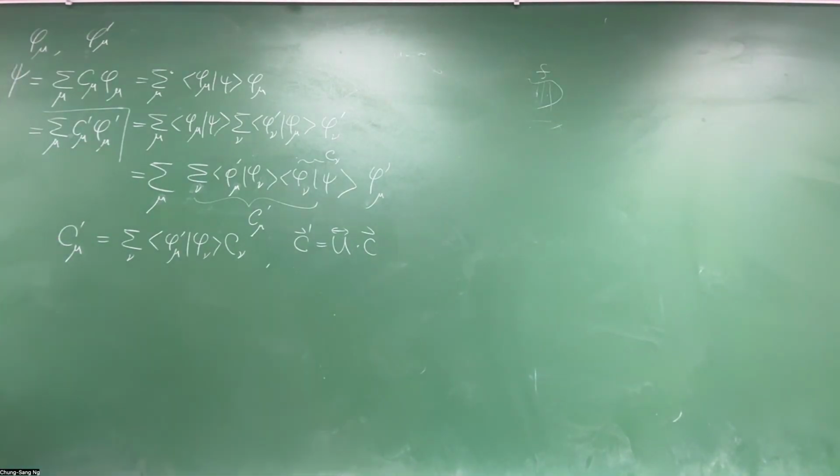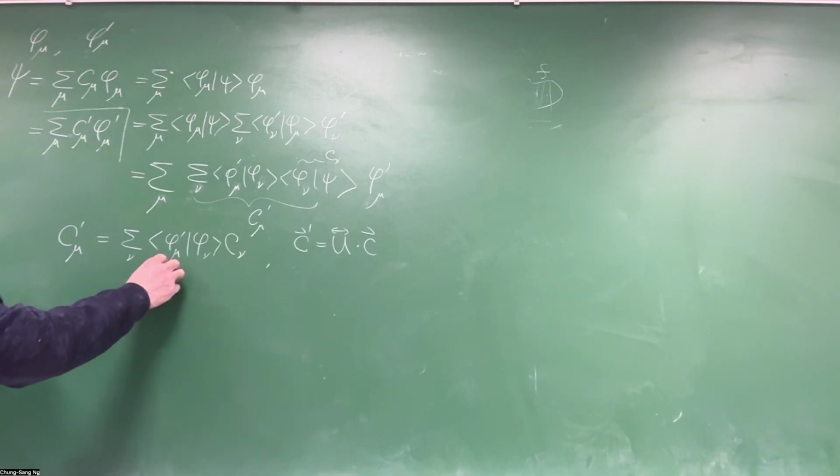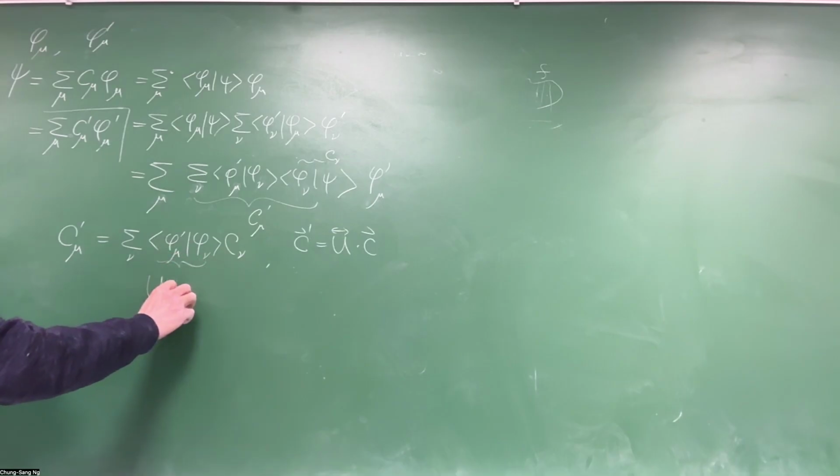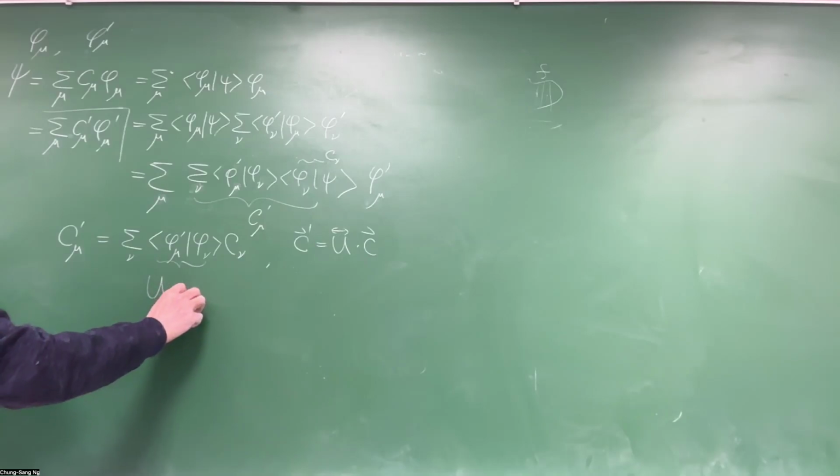Okay. So now you identify this matrix element. This is your U mu nu. Right?